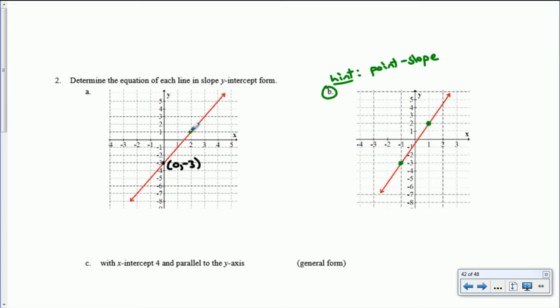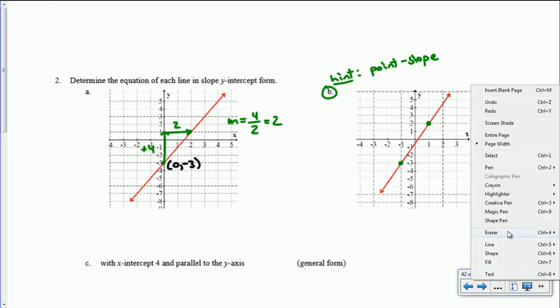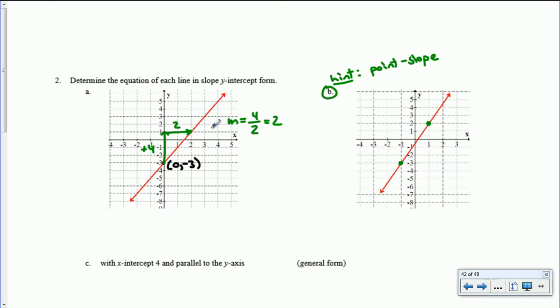Looks like that goes through the crosshairs, so from here we need to go up 4. So up 4 and right 2. So slope is 4. It's the rise over the run. 4 over 2, so that's 2. Just positive 2. And we have b, so it's negative 3. So 2x minus 3.